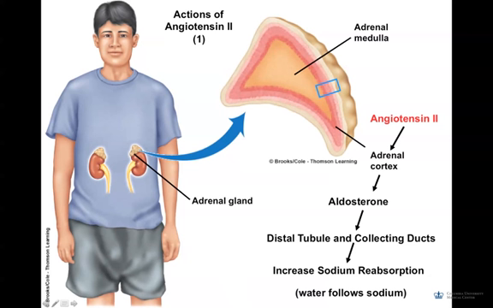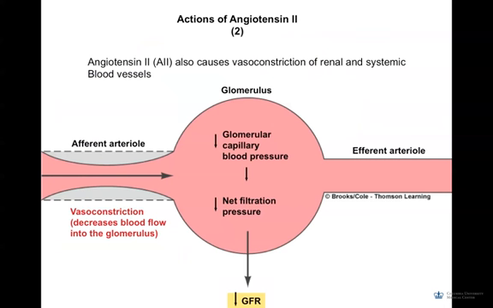Aldosterone, we talked about this earlier, acts on the distal tubule and the collecting duct, and it increases the reabsorption of sodium. The reabsorption of sodium promotes the passive reabsorption of water, right? Water follows sodium. So you get this aldosterone-induced retention of sodium and water, and that promotes an expansion of plasma volume.